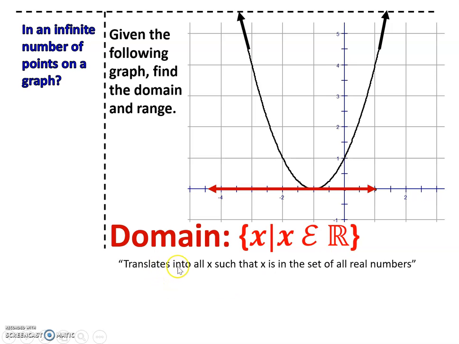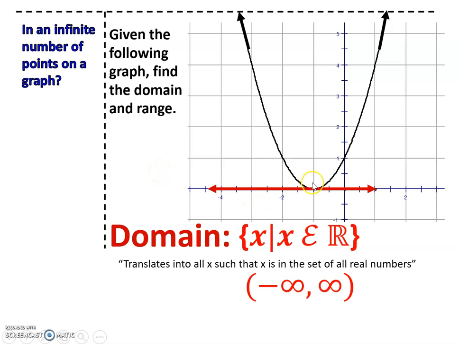Essentially, this translates into all x's such that x is in the set of all real numbers. That's what that means. So it's a fancy way of saying every possible domain x value is a part of the function. This is just how you need to write it in set notation, so it is important that you know that.